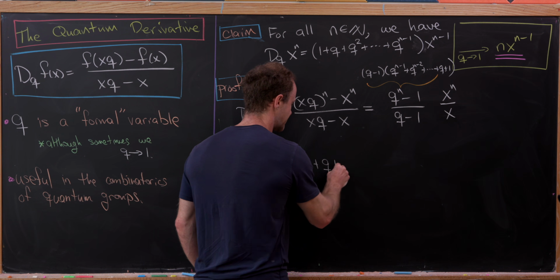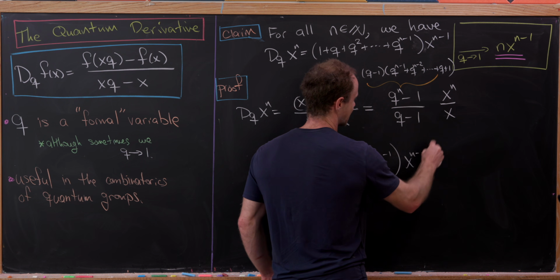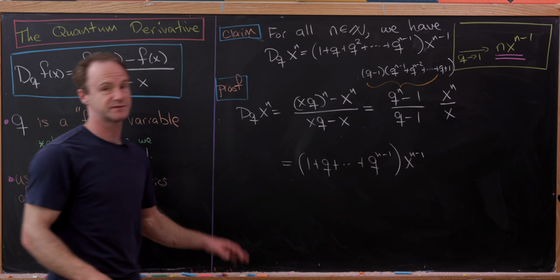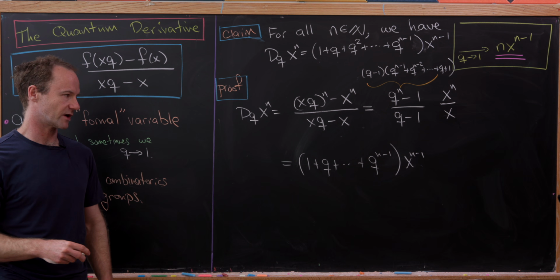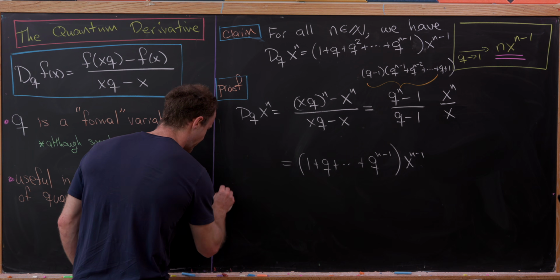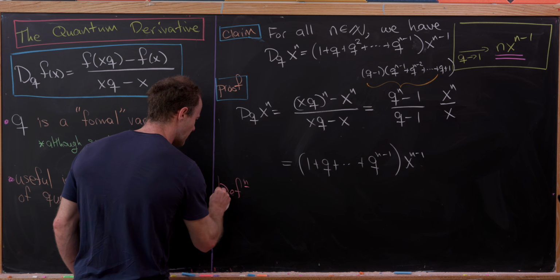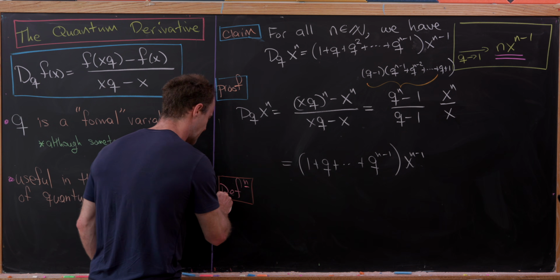So 1 plus q all the way up to q to the n minus 1 times x to the n minus 1. Of course, after simplifying that x to the n over x. Okay, and then that actually motivates the following definition, which is really what we would maybe call a q analog of the natural number n.